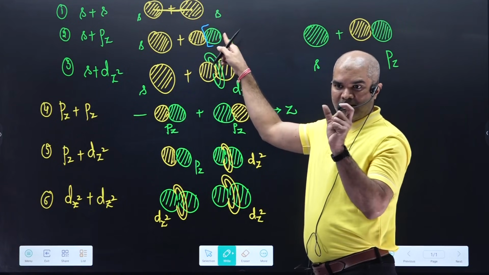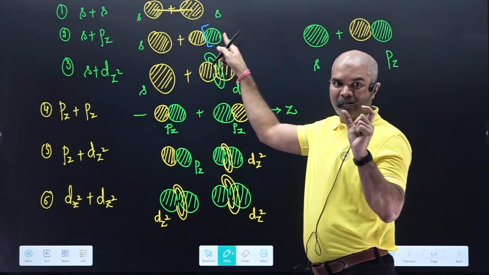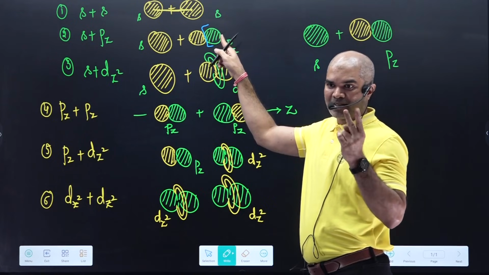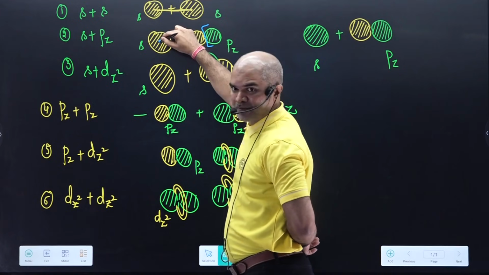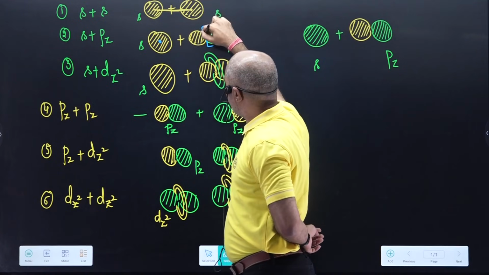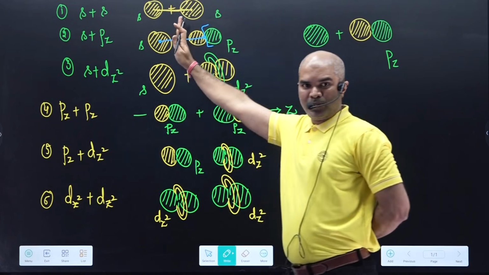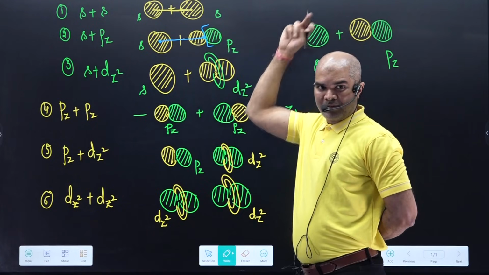There is a statement I have just given. Between the internuclear axis, you should not find a node. Where is the nucleus? This is the nucleus. Between the nucleus, do you have a node? No. This is the angular node of the p orbital, not of the sigma bond.